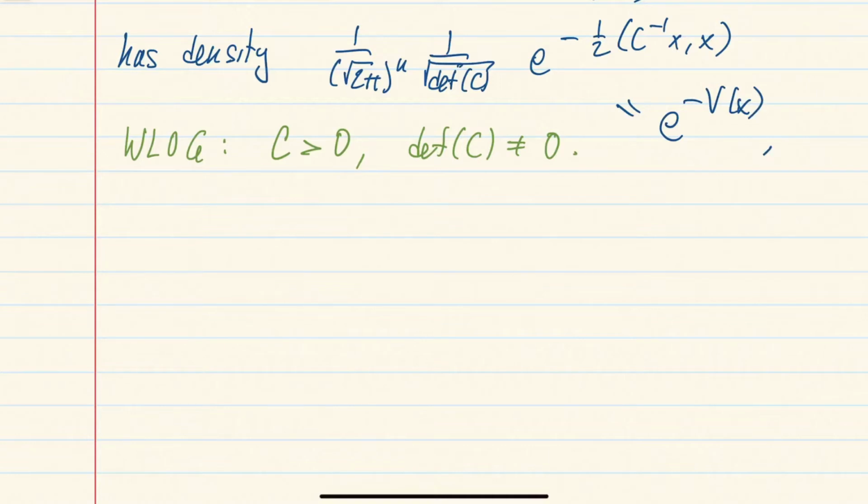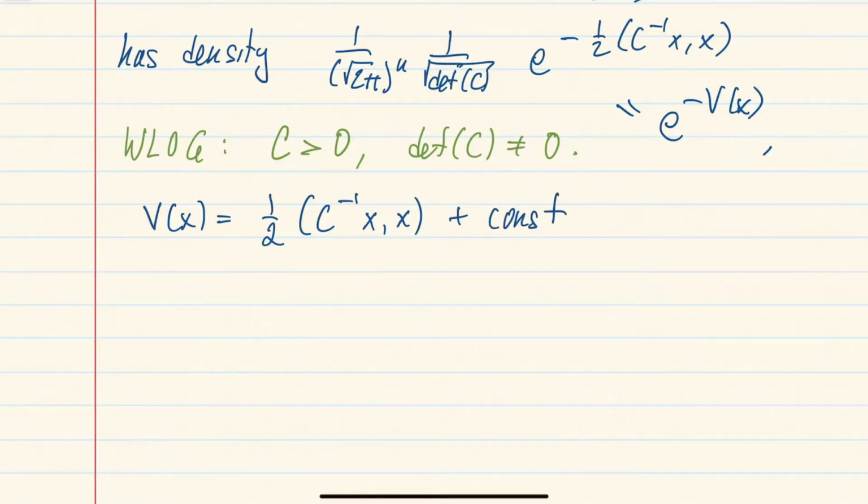It will be convenient just to keep this simple notation, where V of x will be the quadratic form in the exponent, plus some constant. We can take this constant in front of the exponent inside and just think of it as some constant that depends on this covariance matrix C.